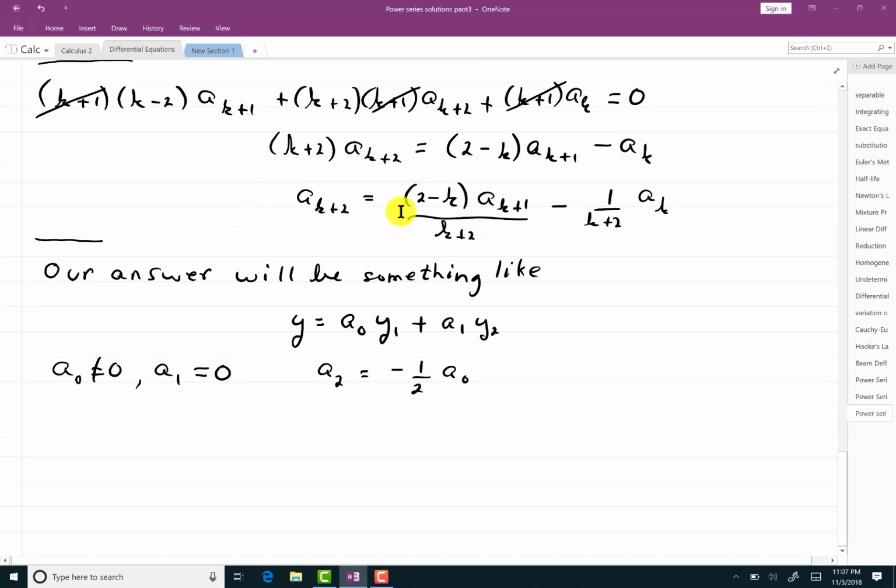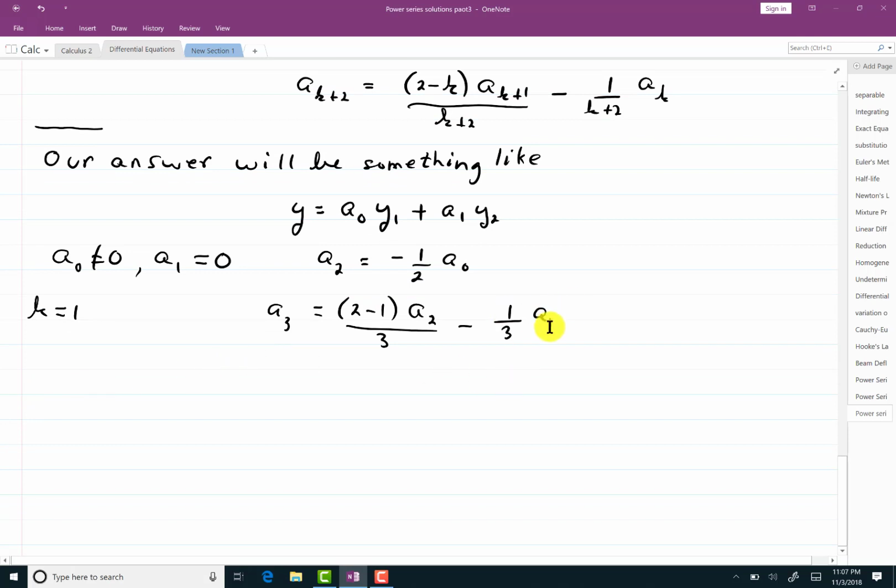And then I'll use this relationship here for the rest of my values. So we'll start then. I think it's easiest if you keep track of your k values while you're doing this. So if k is 1, I'll have a sub 3 will equal 2 minus 1 a sub 2 all over 1 plus 2, all over 3, minus 1 over 3 a sub 1.